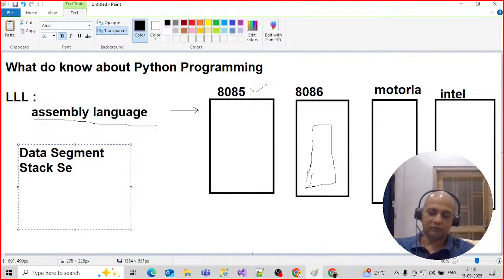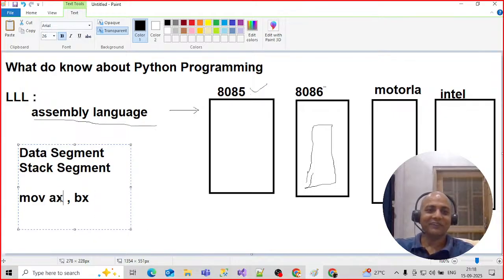So these were the parts of this microprocessor where different things were used. In data segment, we used this kind of command, move ax comma bx. So ax and bx are the names of registers.